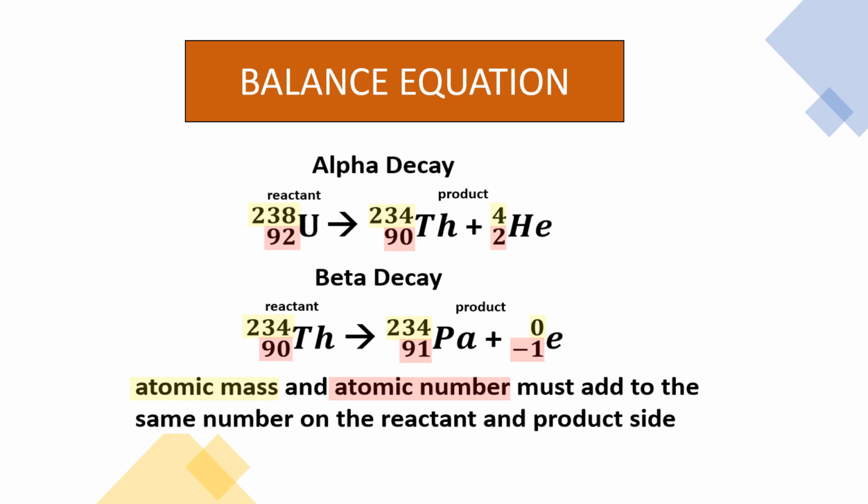So this means the reactant and product have balanced atomic mass. It also applies to the atomic number, which is 92 for uranium, and for the products, thorium has 90 and helium has 2. So the equation is balanced.